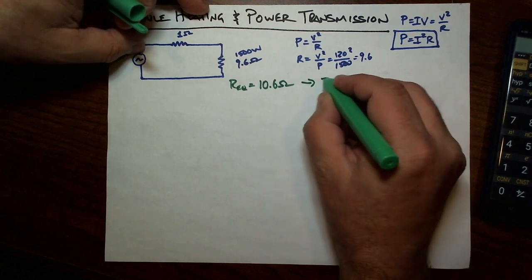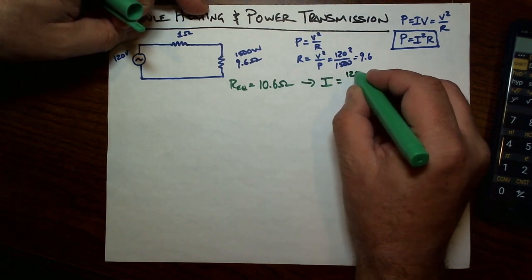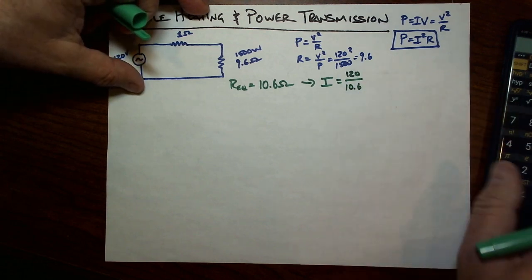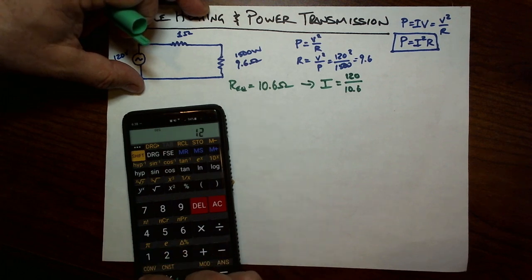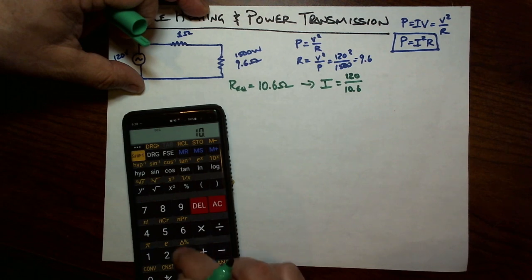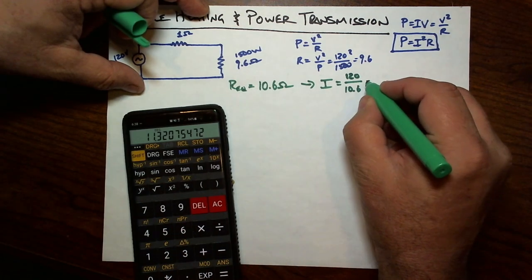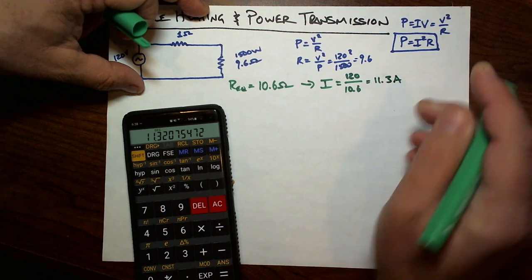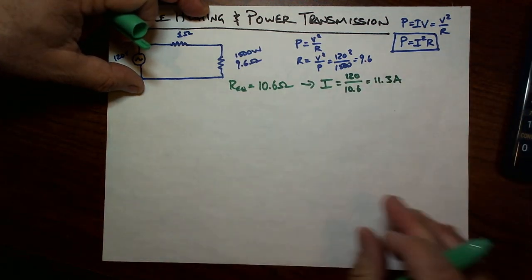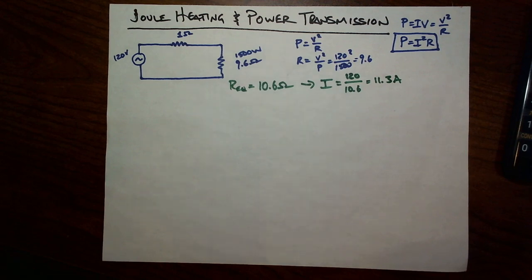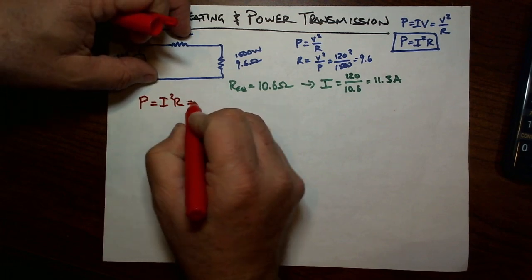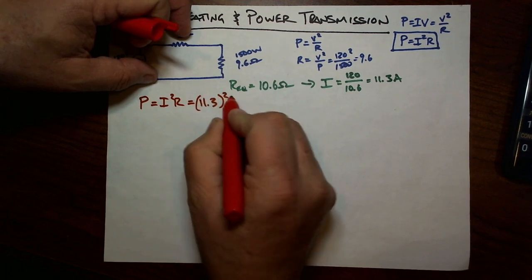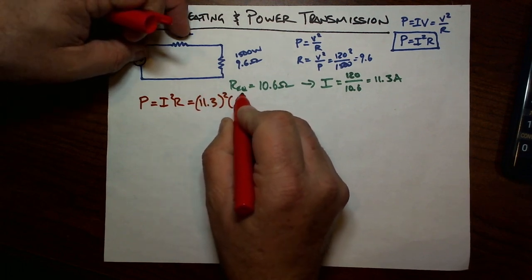And that means that the current that's going to flow is going to be 120 volts over 10.6 ohms, or 11.3 amps of current is going to flow, which is all fine and dandy with the small exception that my wires are going to heat up. And my wires are going to heat up, and I'm going to lose some power, I squared R. That's going to be 11.3 quantity squared times my 1 ohm of resistance.